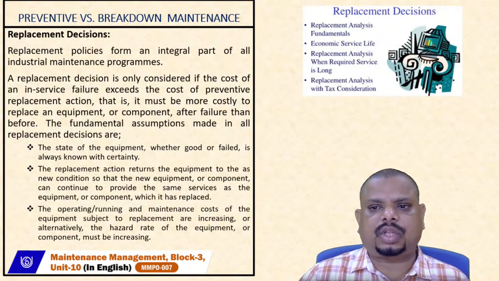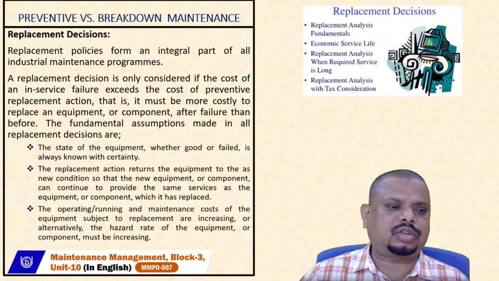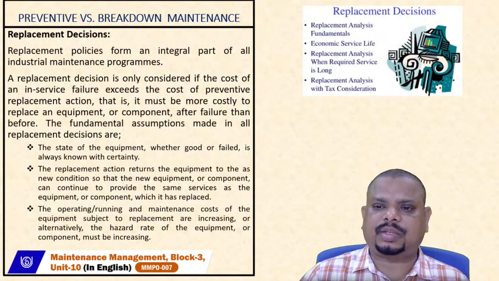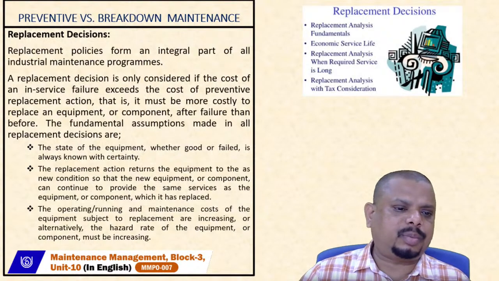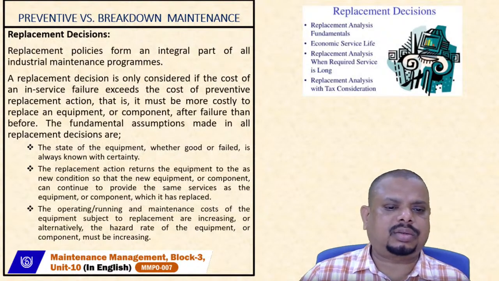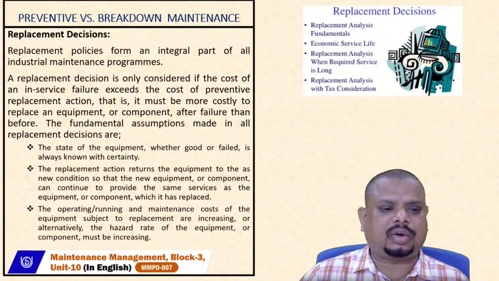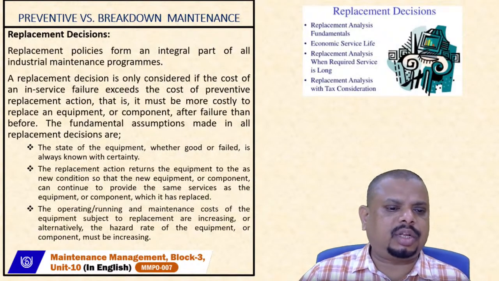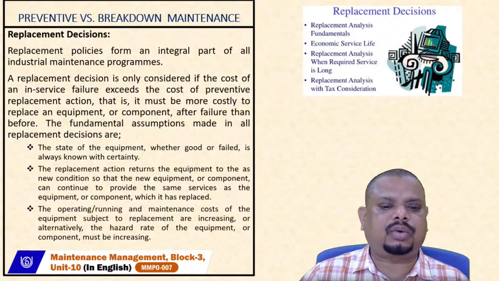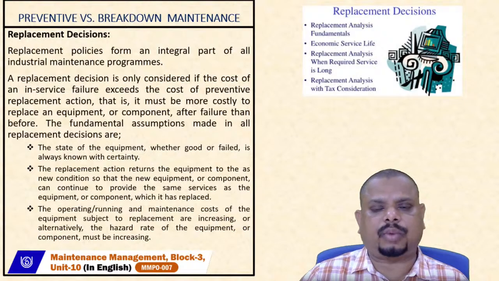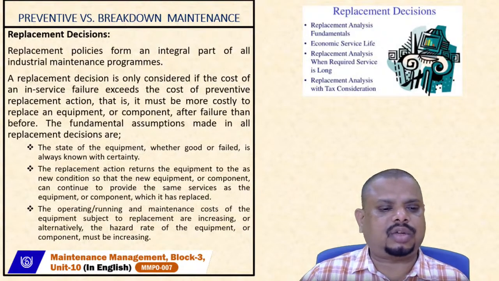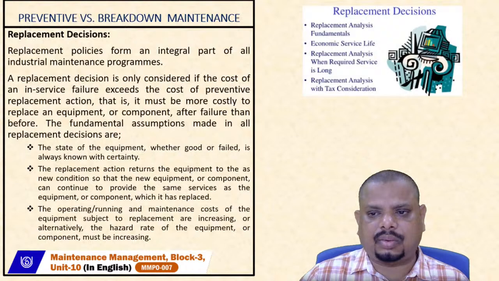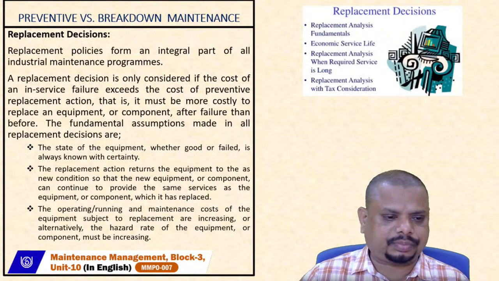Whenever you think about cost decisions, you must focus upon the replacement decisions, which basically include: first, the state of the equipment, whether good or failed, is always known with certainty. The next decision is a replacement action that returns the equipment to as-new condition, so that the new equipment or component can continue to provide the same service as the one it replaced.